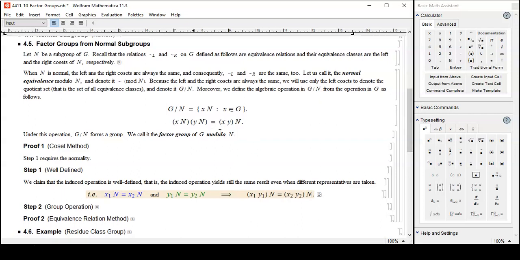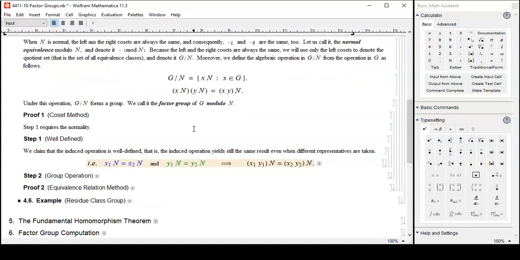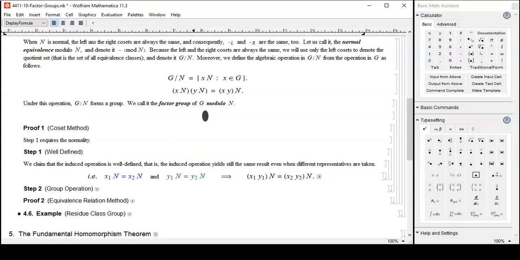Therefore, x1N is equal to Nx1, x2N is equal to Nx2, y1N is equal to Ny1, and finally y2N is equal to Ny2.